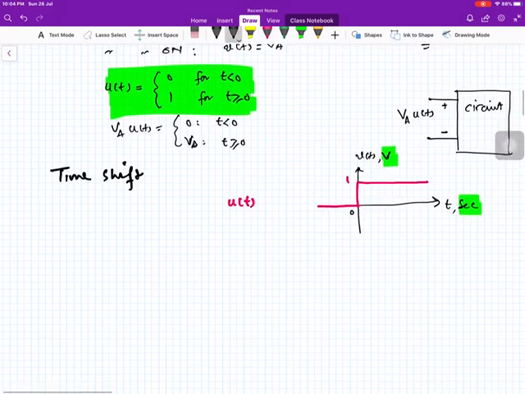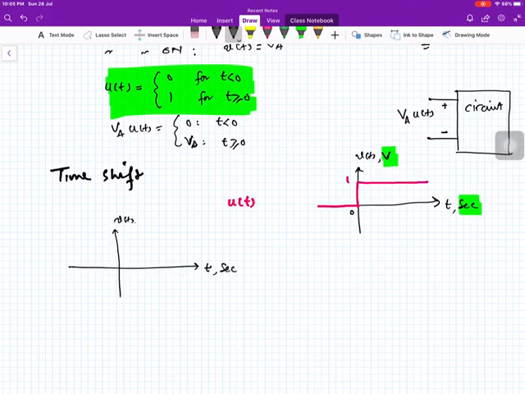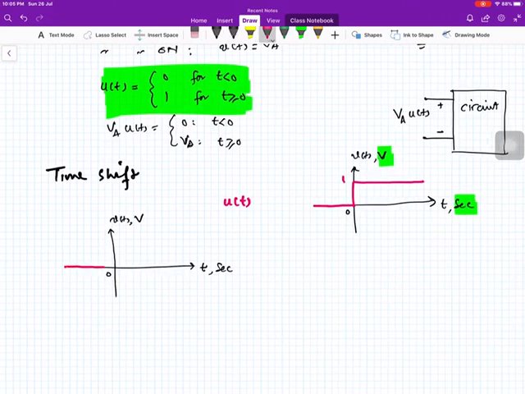Now an interesting feature with the time shift you will see over here is that if we have a unit step, again I will reproduce this.